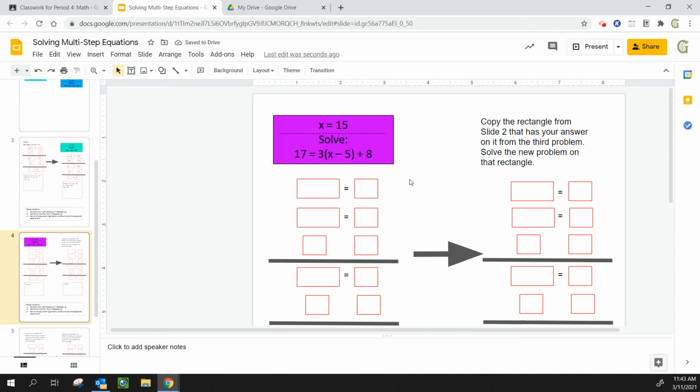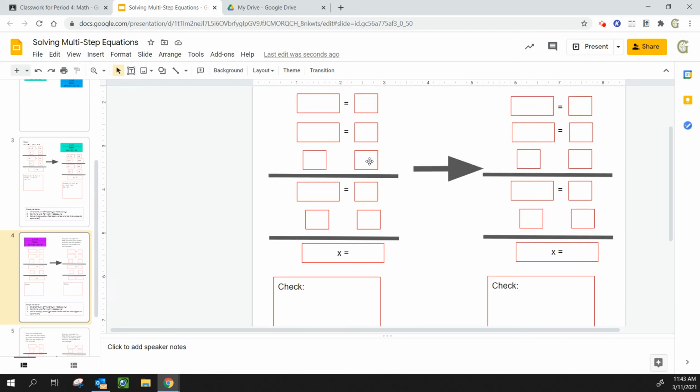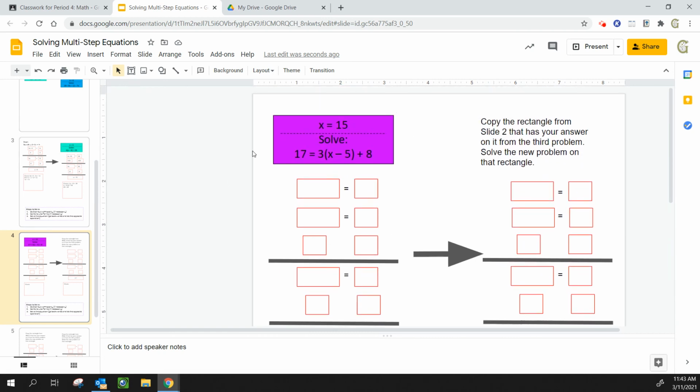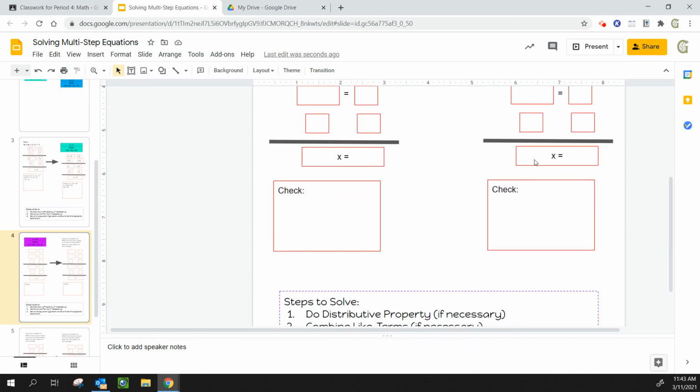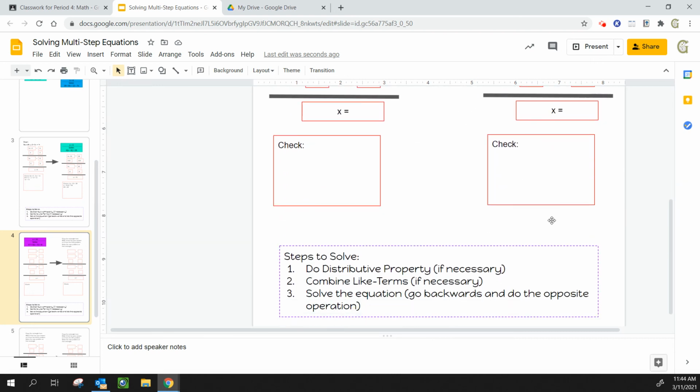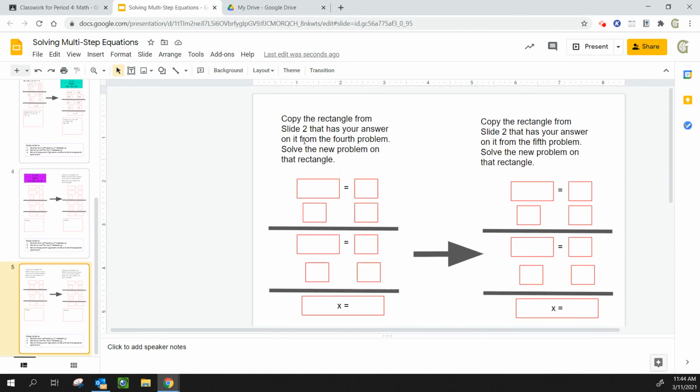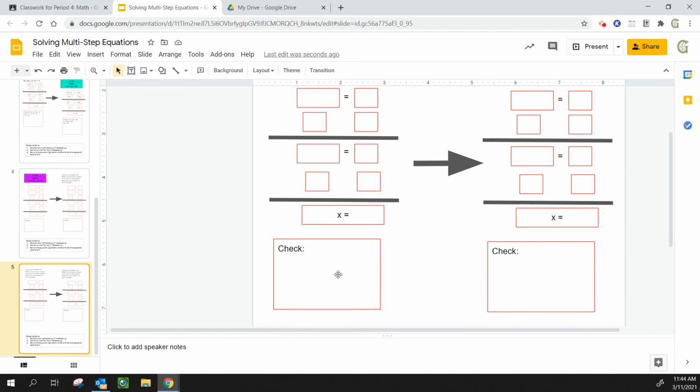And then your task will be to continue through. So you're going to solve now this problem that's on the purple and check it. Then you'll go to slide 2, find the next rectangle, solve that problem and check it. Then you'll go to slide 2, find the rectangle, go to slide 5, put it down, solve that problem and check it.